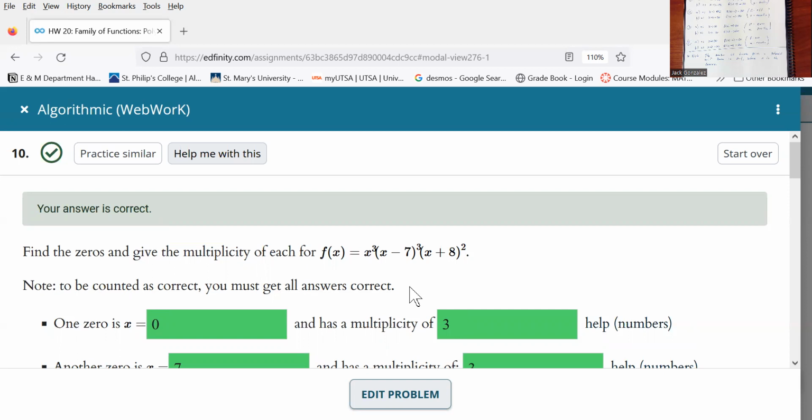If the zero was here and it bounced like this, then that would be even multiplicity. So you can tell graphically what type. And you can count how many zeros we got: 1, 2, 3, 4, 5 for this made up question. Okay.